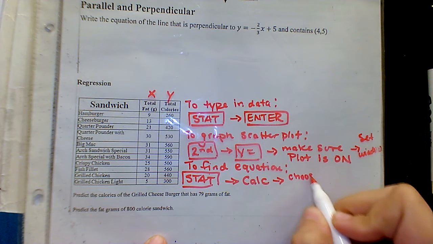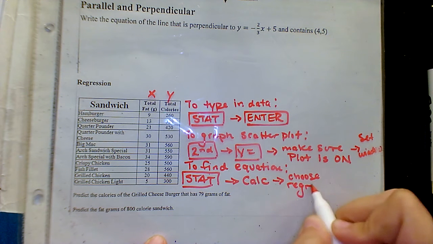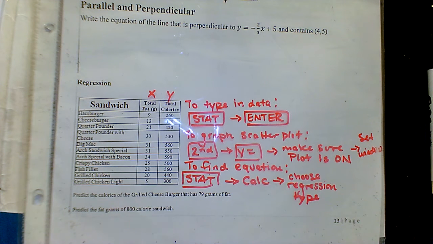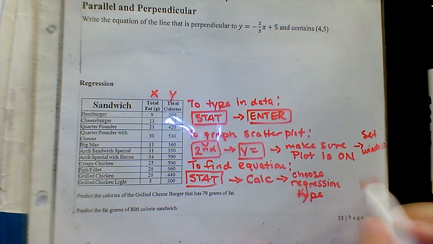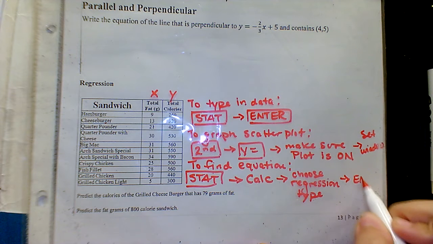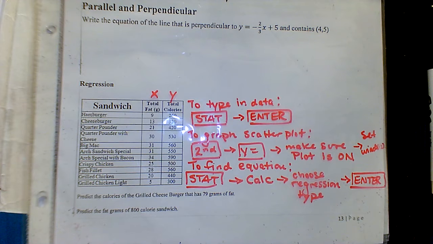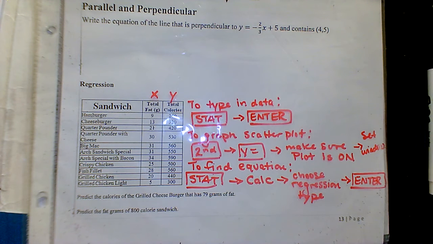We're going to choose the regression type. Okay, we're going to choose the type of equation we want, and then we'll simply hit enter. We ready to do it?